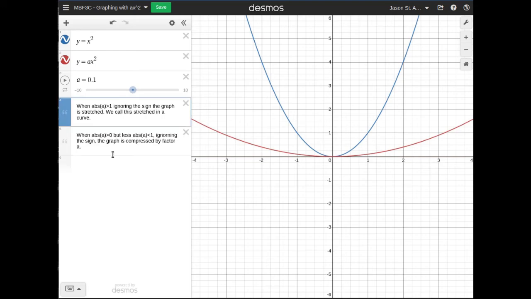So when we have our value of a being bigger than 0 but less than 1, we end up having our graph being compressed. As long as we ignore the sign, the graph is compressed by a factor of a. All right, now, if we take a look at the stretch, we say that the graph is stretched by a factor of a.